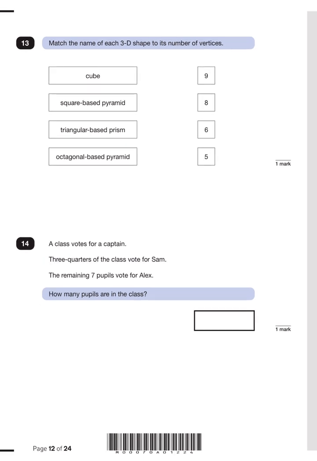Number 13. Match the name of each 3D shape to its number of vertices. We've got a cube. 1, 2, 3, 4, 5, 6, 7, 8. 8 vertices. Square base pyramid.